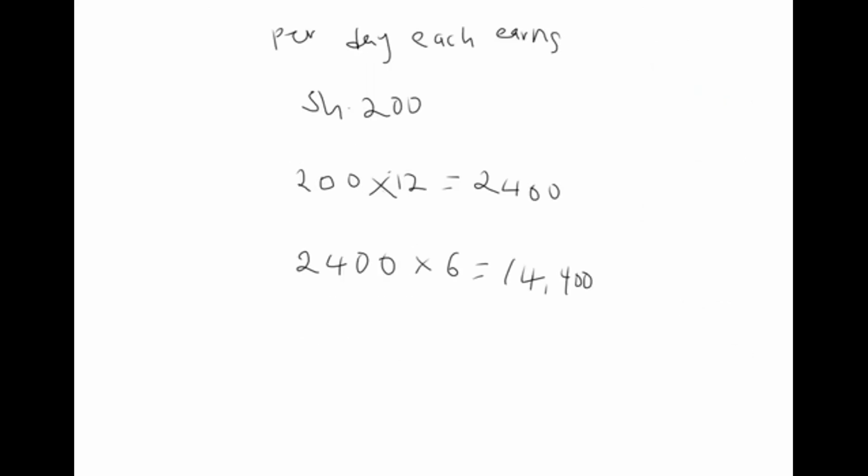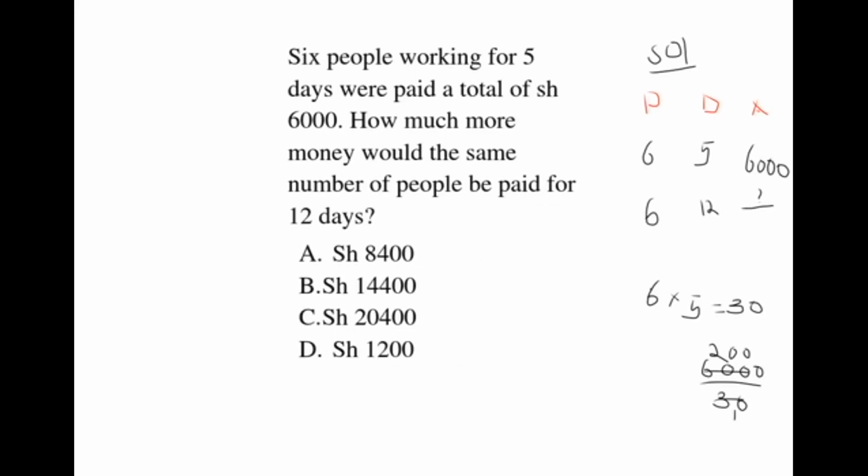Therefore we shall get 14,400 subtract 6,000 is 8,400 shillings. Therefore, our correct choice is A.